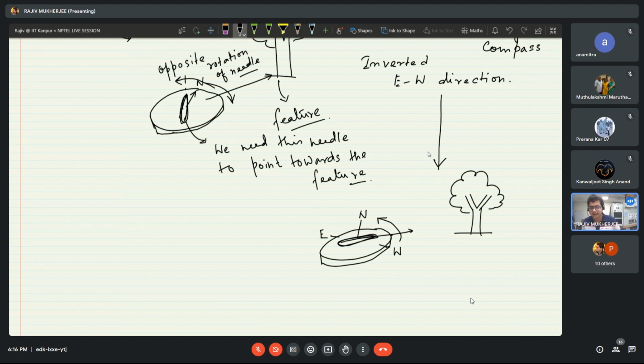That means that it will ultimately give us the correct orientation, because the needle will be pointing towards the feature.